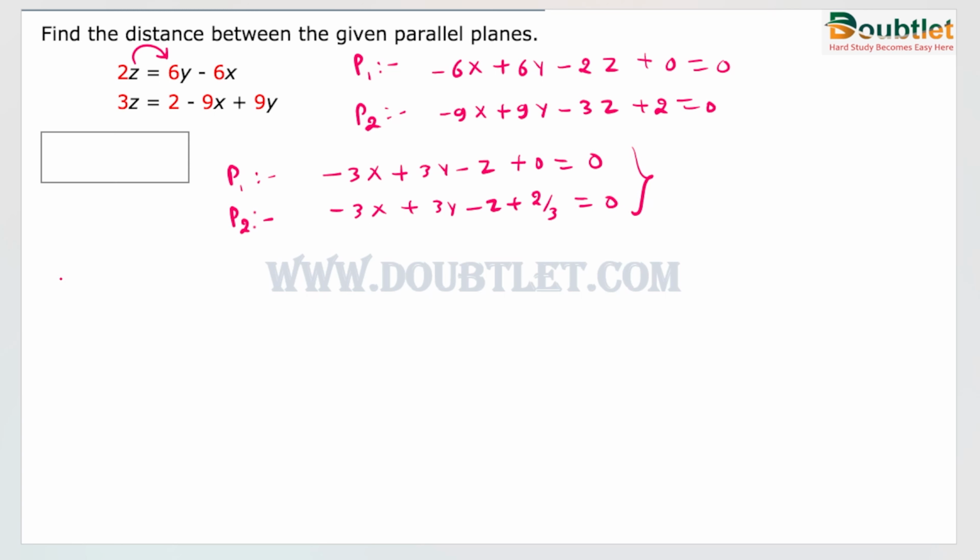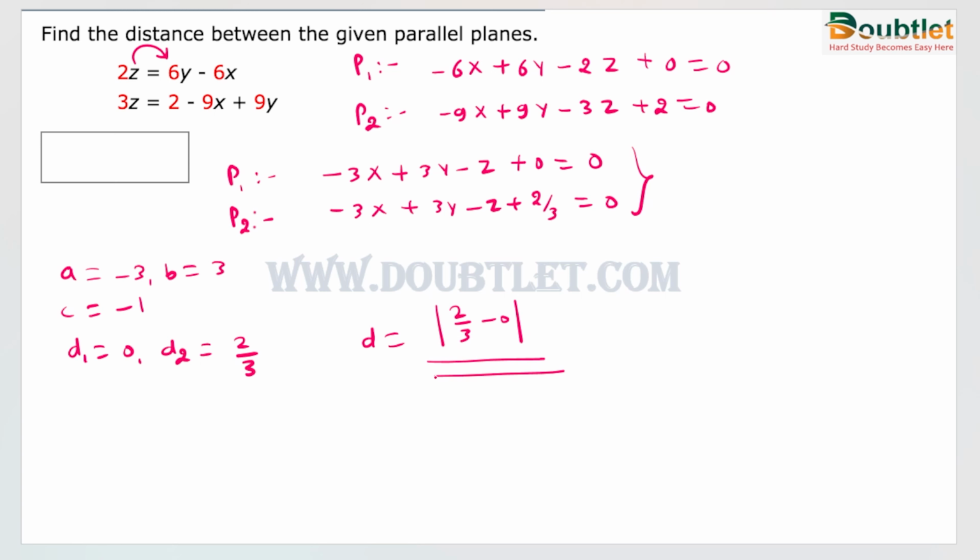Now we need to find the values of a, b and c. a is -3, b is 3 and c is -1. The value of d1 is 0 and the value of d2 is 2/3. Now we put these values in the formula: 2/3 - 0, divided by the square root of (-3) squared + 3 squared + (-1) squared.